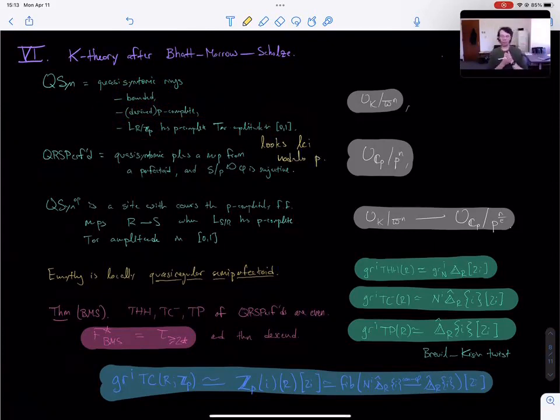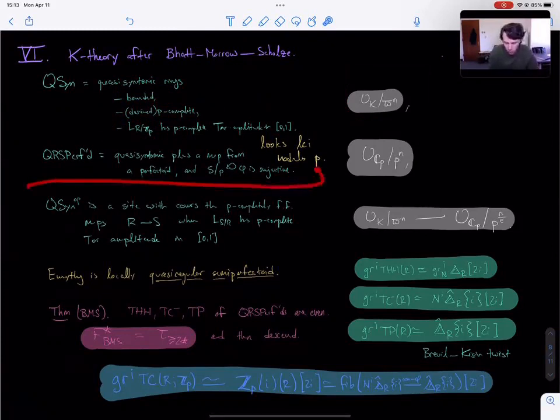So these are like p-complete lifts of LCI rings or something like that. And an example of such a thing is O_K mod pi to the n for all of the cases that we care about. That's all that really matters here.